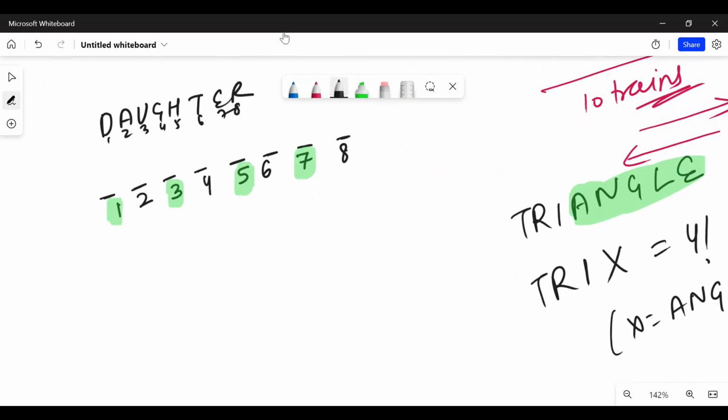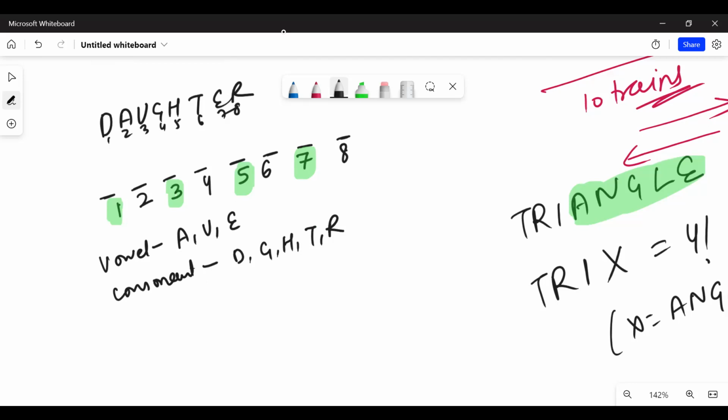Correct, right? I hope you know odd number, even number. And how many vowels are there? A, U, E: 3 vowels. How many consonants are there? D, G, H, T, R.